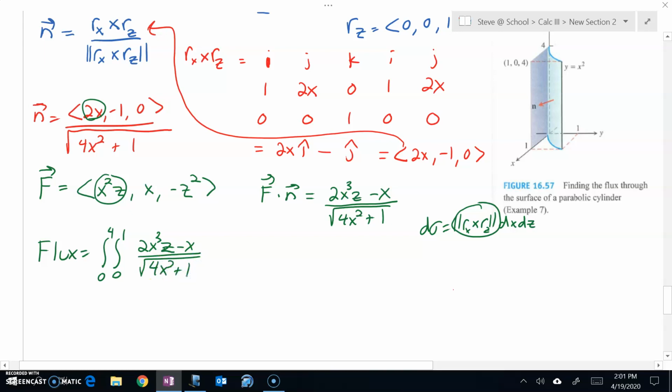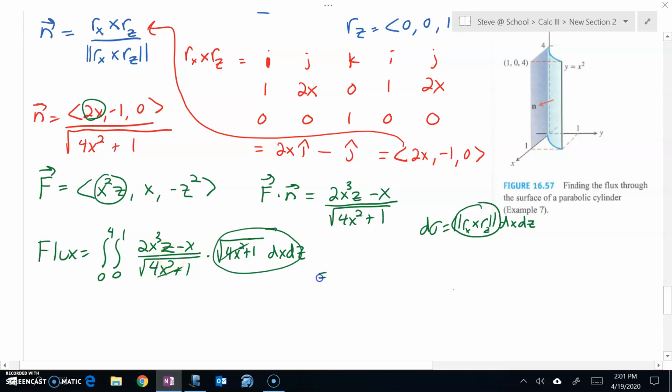What's great about this is you'll see in a second. And then we have to multiply it by d sigma. Well, d sigma is the magnitude of the cross product. Well, that happens to be this again. So they will actually cancel out. Because remember, this is d sigma, and then this is f dot n.